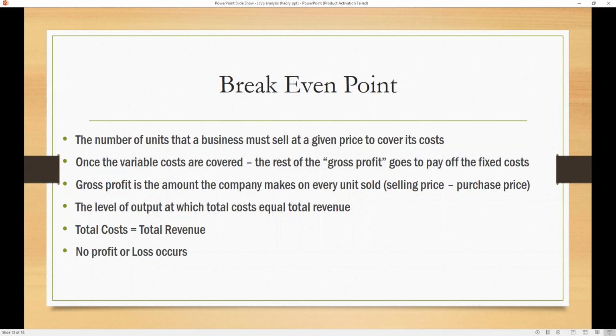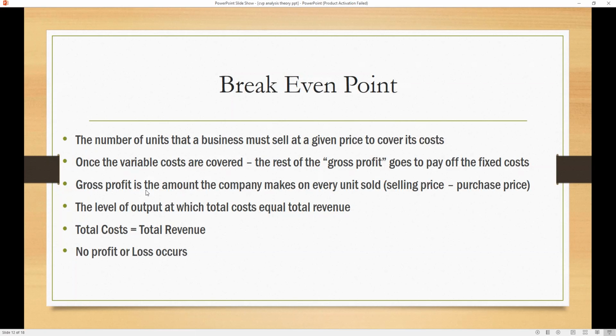So sales minus variable cost gives you contribution, minus your fixed cost. When your contribution is in excess of fixed cost, only then will you earn a profit. If the contribution and fixed cost are the same, you will have neither profit nor loss.